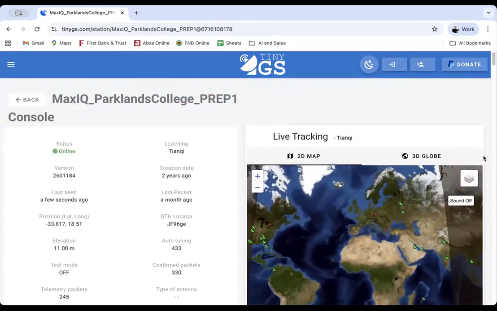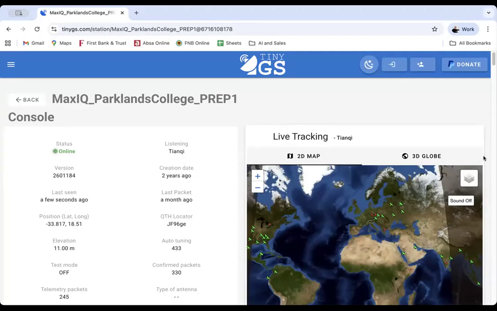It's an open source network for students who want to launch satellites but don't necessarily want to build, or have the budget to build, their own dedicated ground station. They use the TinyGS network, because everybody else in that global community will assist them with downloading their packages.